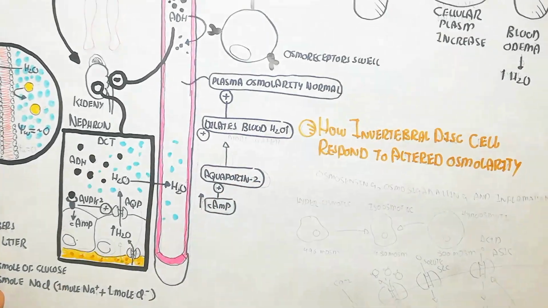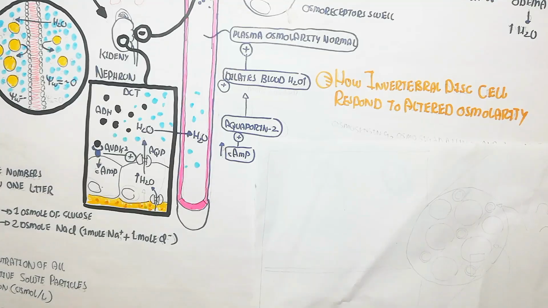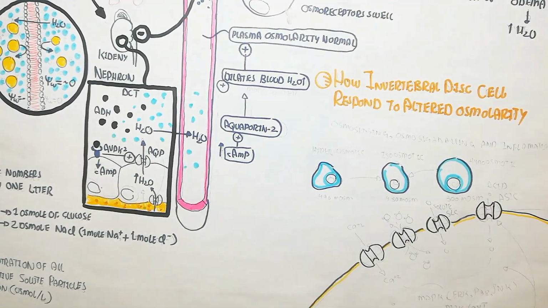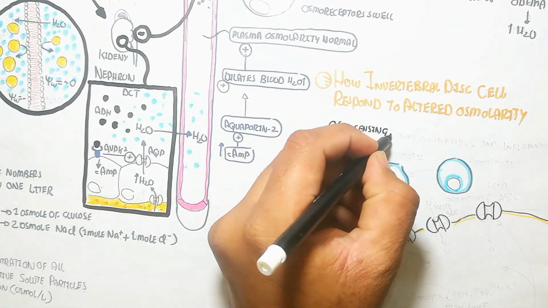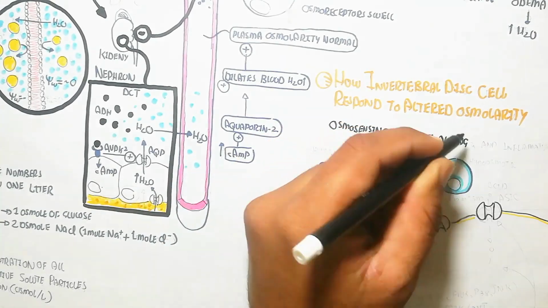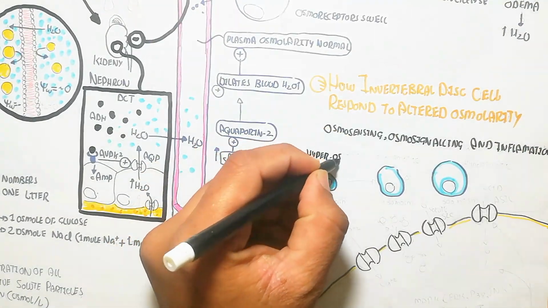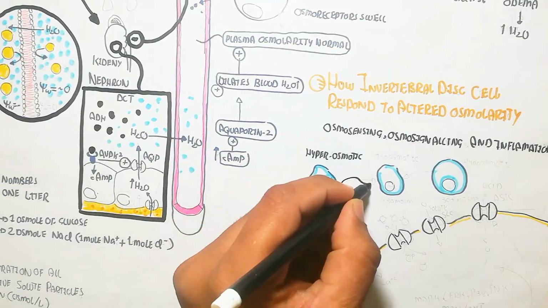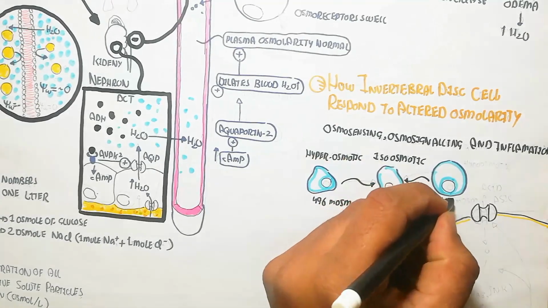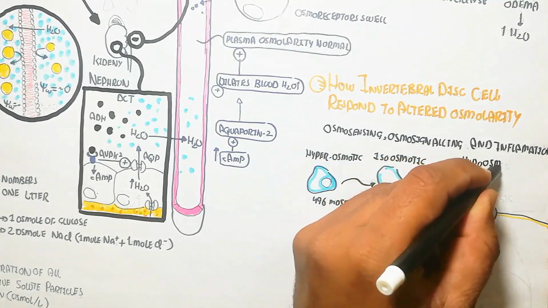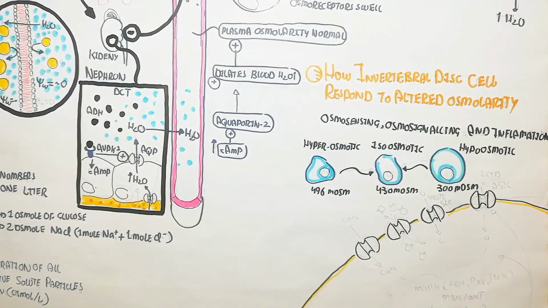So how does an invertebrate disc cell respond to altered osmolarity? Suppose this is osmosensing, osmo signaling, and inflammation, which trigger this work. Here are the hyperosmotic, isoosmotic, and hypoosmotic conditions of the cell. Osmolarity is more in the hyperosmotic, hypertonic condition, less in the isotonic, and even less in the hypotonic condition of the cell.